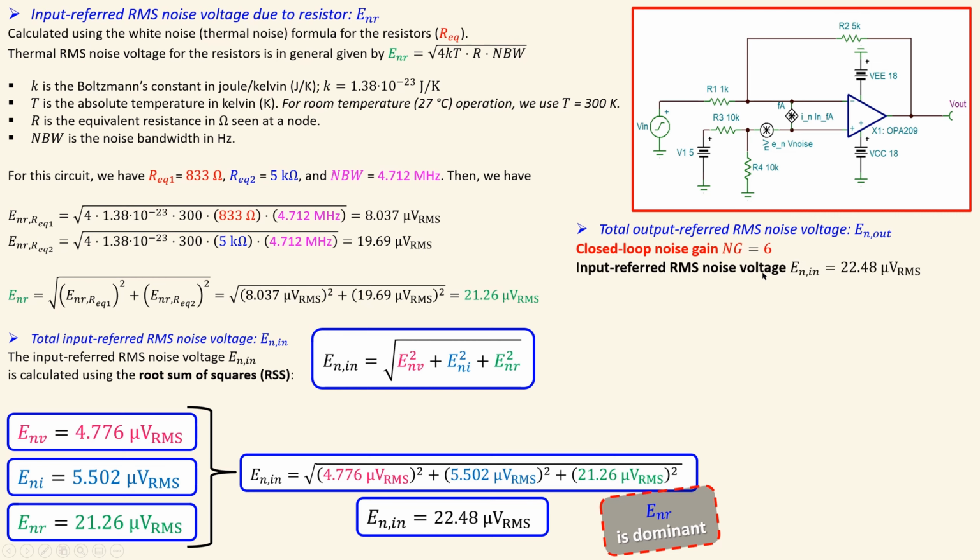Now the input referred RMS noise voltage, we already have this, and then using the output referred RMS noise voltage, this expression will be then calculated using this formula. So we have the noise gain times the input referred RMS noise voltage will give us the output referred RMS noise voltage.